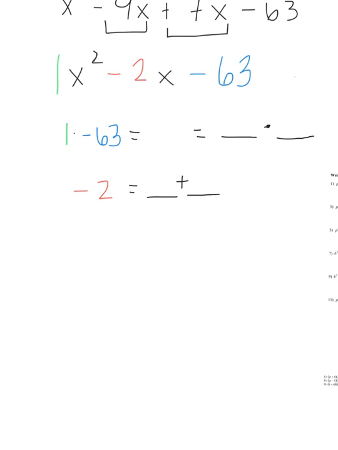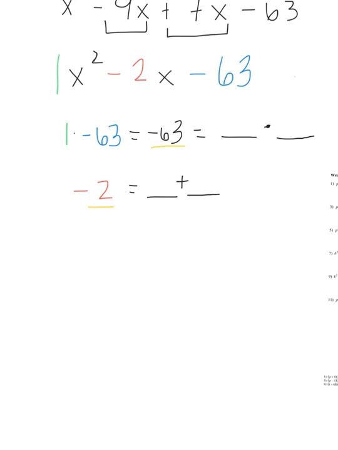So what we're going to do is multiply the leading coefficient 1 in green times the constant negative 63. So when we multiply 1 times negative 63, we're going to get negative 63. So our goal is to find two numbers that multiply to negative 63 and that add to negative 2.